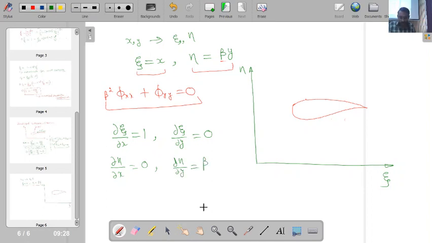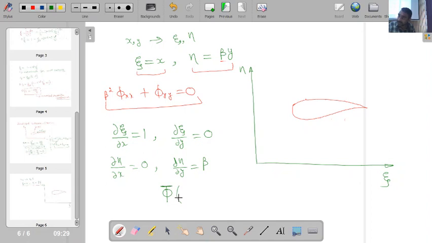Okay, so now I am having the value of phi xx, but I want to calculate this phi xx in terms of the zeta eta plane. Okay, so now let's consider that I have some other function phi bar. I have a function phi bar.